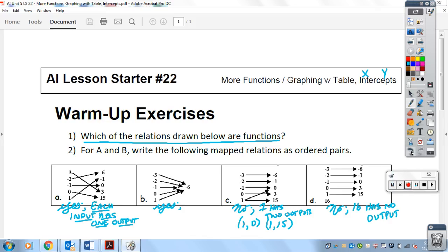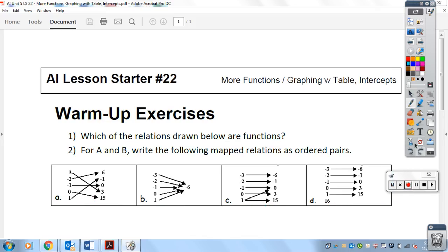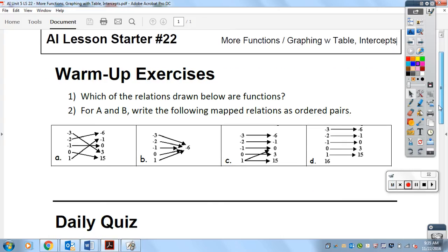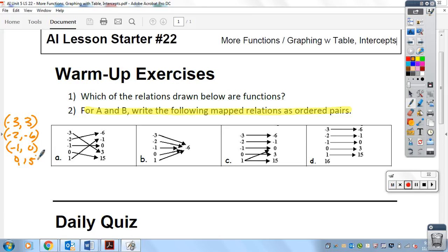Now the next thing I asked you to do was, for A and B only, write the following as ordered pairs. Let me quickly write them as ordered pairs. I sort of did it with C. This would be -3, comma 3. Then it would be -2, comma -6, -1, comma 0, 0, comma 15, and 1, comma -1.